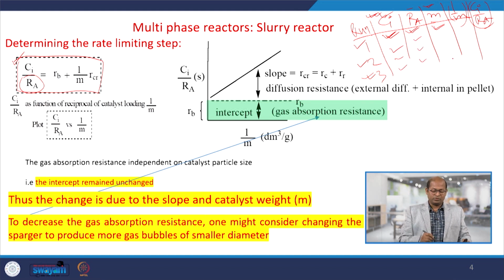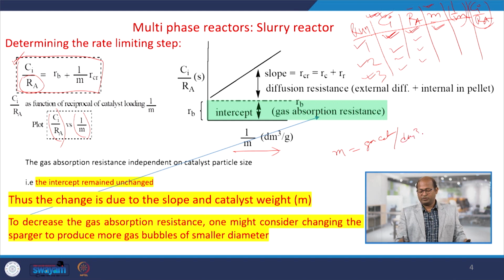Once this table is ready, we can plot Ci by Ra versus 1 by m. 1 by m is the inverse of the mass of the catalyst, where m is in grams of catalyst per dm³ of solution. So, how much catalyst we have taken for this particular reaction, we know.